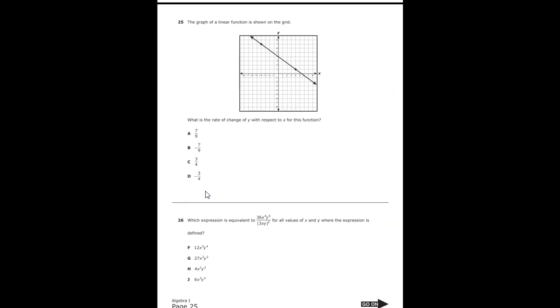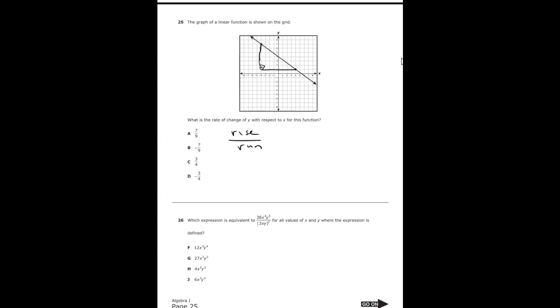Number 25. The graph of a linear function is shown on the grid. What is the rate of change of y with respect to x? So what we're going to do here is just go ahead and make this simple. We're going to draw a right triangle. So let's go with rise over run. Let's look at what our rise is.